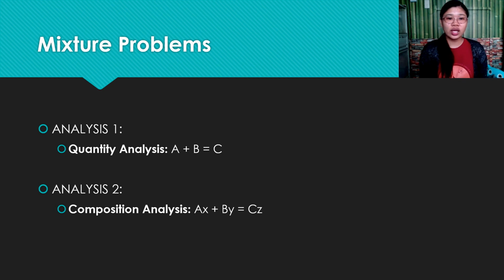In analysis 1, A, B, and C represent quantities, which may be in volume or in weight. For analysis 2, we introduce the variables X, Y, and Z, which can be fractional parts, percentages, or cost.